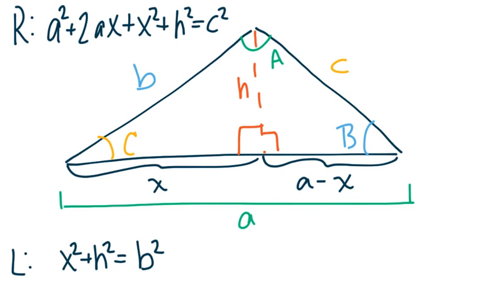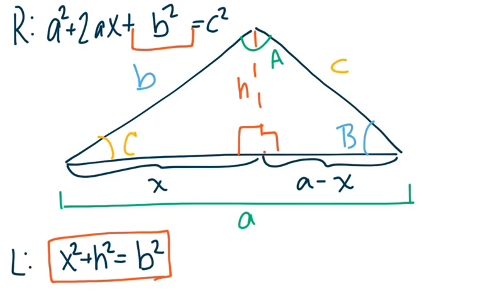Now, if you'll take a moment to notice, down here for my left-hand triangle, I have that b squared equals x squared plus h squared, which means this x squared plus h squared up for my right-hand triangle can be replaced with b squared by substitution. Just like so.